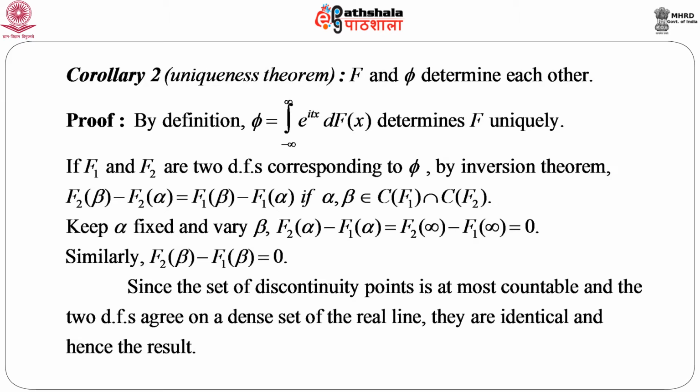Now, keeping alpha fixed, if we let beta go to infinity, we immediately get f2(alpha) minus f1(alpha) equals f2(infinity) minus f1(infinity). Now, being distribution functions, f2(infinity) is 1 and f1(infinity) is also 1. So, this becomes 0. Hence, we get f2(alpha) equals f1(alpha). Exactly similarly, we can also get f2(beta) equals f1(beta).